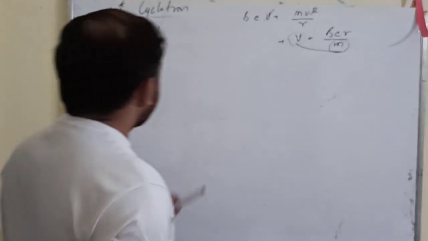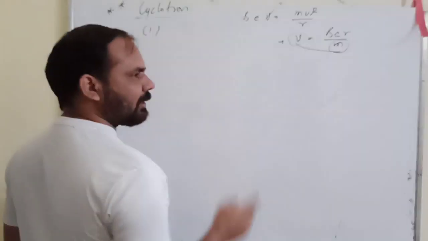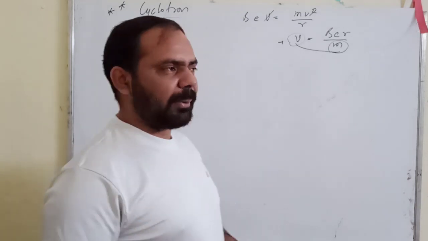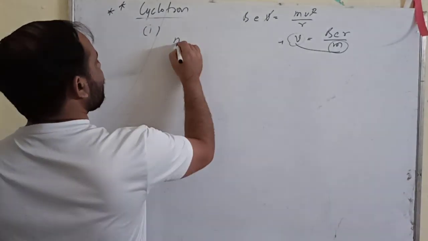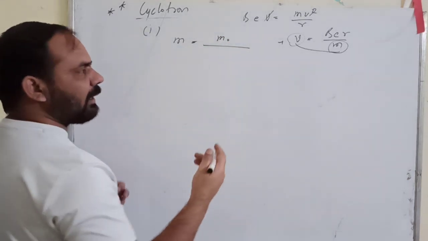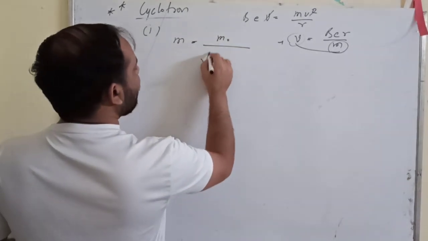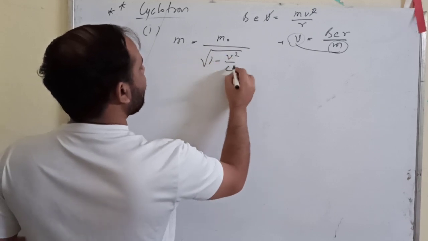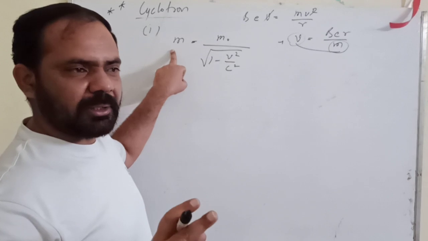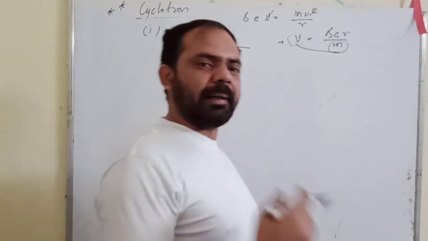Now, when the charged particle moves inside the cyclotron, it goes on gaining velocity. But we know that for particles moving with high velocity, mass is given by m0 over under root 1 minus v square upon c square. The mass of the particle also changes when it starts moving with high velocity.